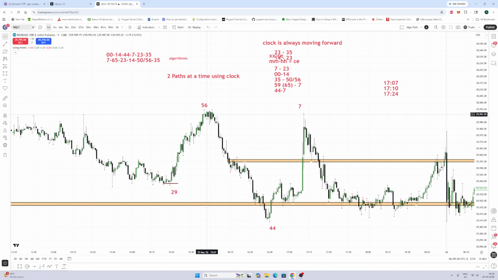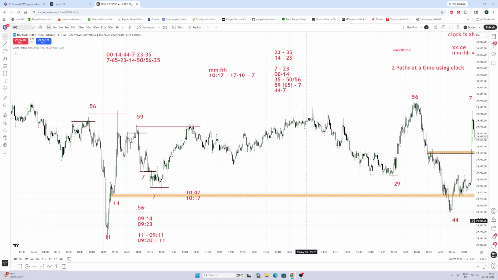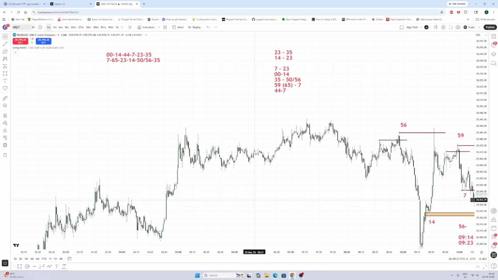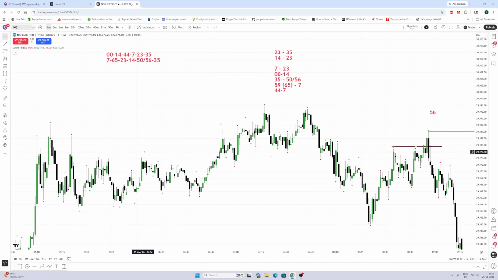So these big swings are what you want to capture, and then you know it's truly algorithmic. And you're challenging the market, right? Once you identify a high or a low, you know it's not going to reverse on you until it hits the time it is supposed to hit. Then only it will reverse.